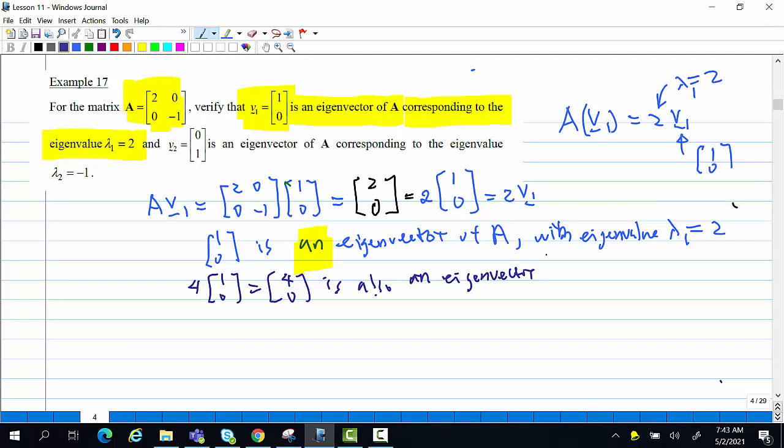You can check that A times 4, 0, you'll get 8, 0, which is equal to 2 times 4, 0. You can check.